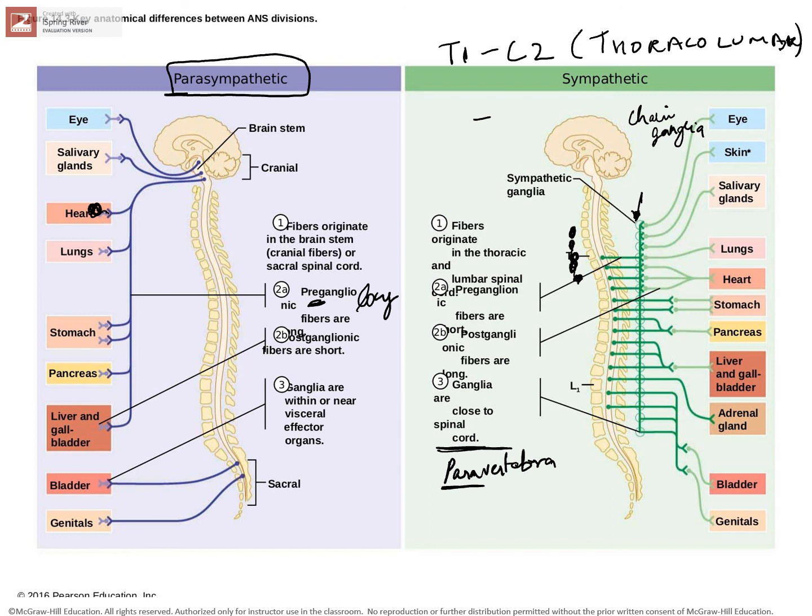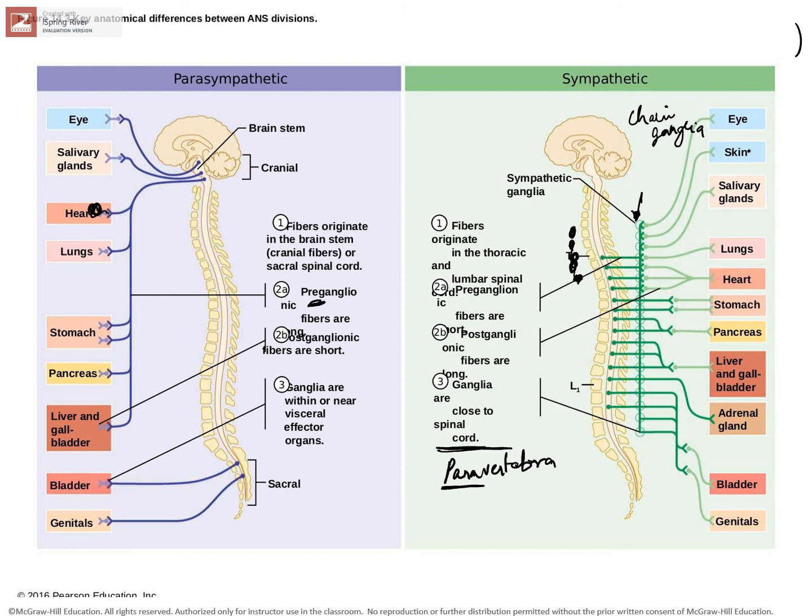Okay, so from this slide, I hope you've understood the key differences in the anatomy of the sympathetic and parasympathetic nervous system. Let's quickly revise the key differences. The parasympathetic nervous system originates from the cranium and the sacrum.